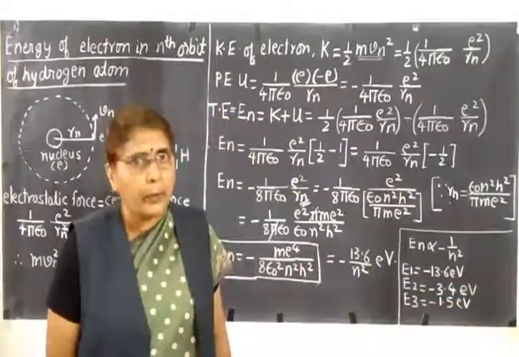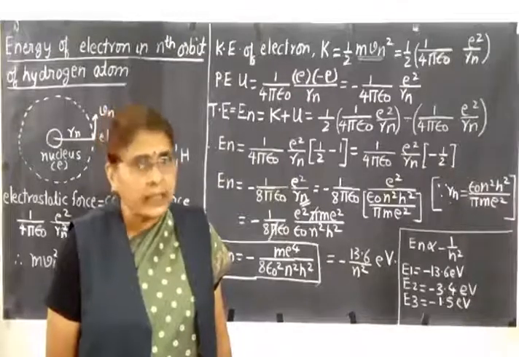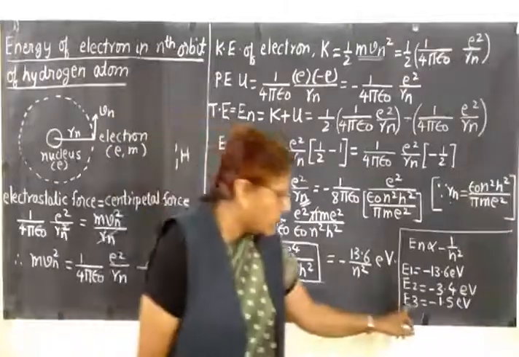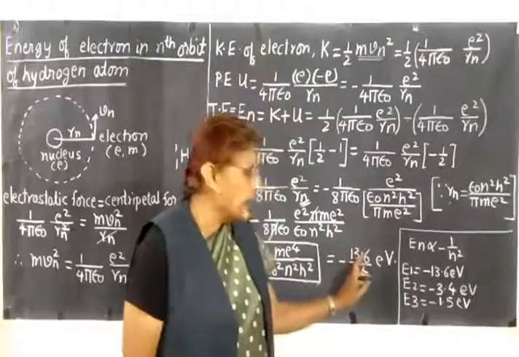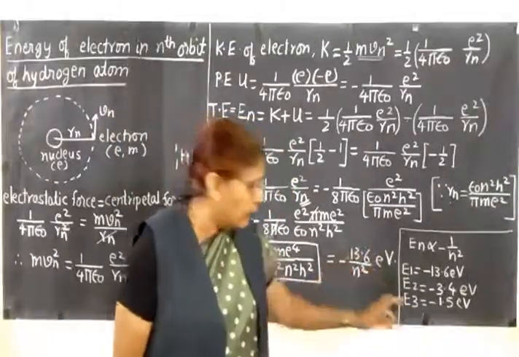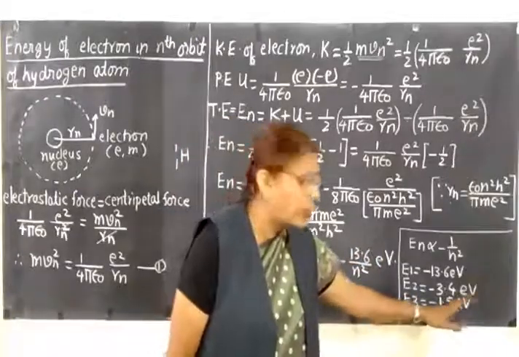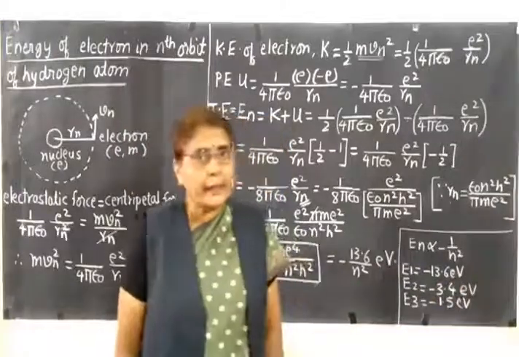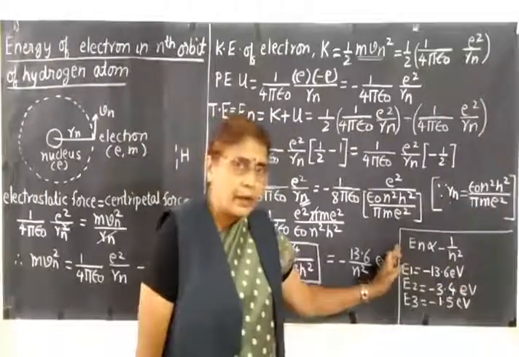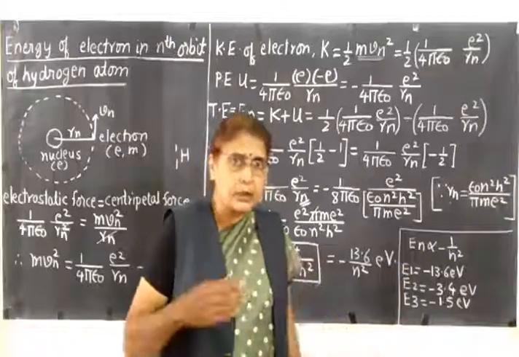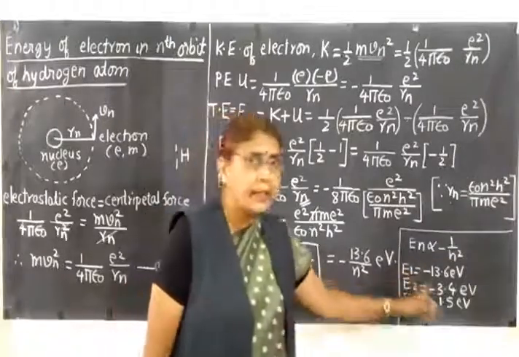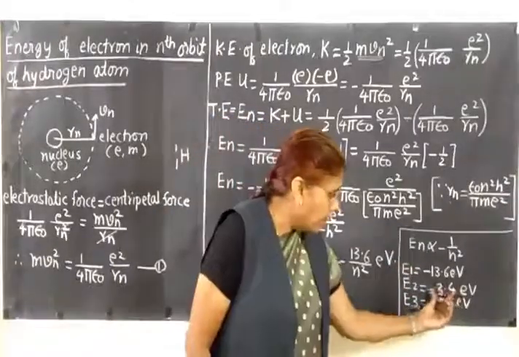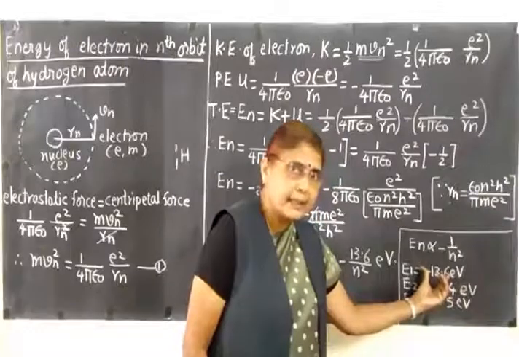Let us go to the third orbit. Let us put n equal to 3. So if I put n equal to 3 here, I will get the energy of the third orbit. So E3 will be equal to minus 13.6 upon 3 square. And if you simplify, it comes out to be minus 1.5 electron volt. So observe these values carefully. What do you find here? As the quantum number goes on increasing, that is, as you go to the outer orbits, what happens to the energy? The energy increases because minus 3.4 is greater than minus 13.6.